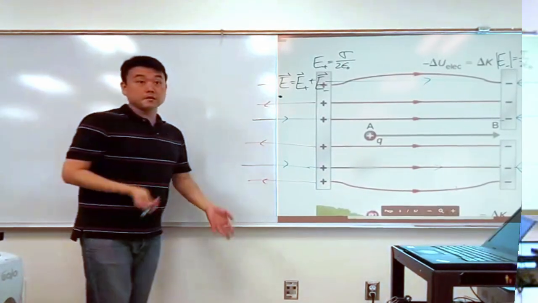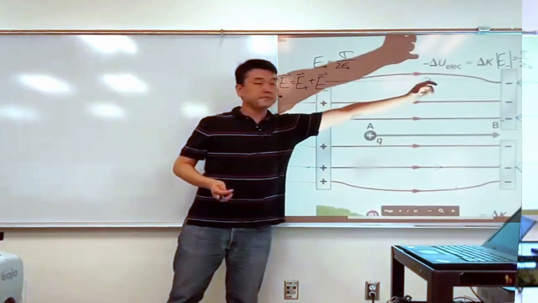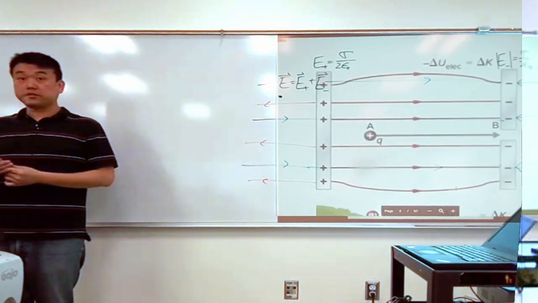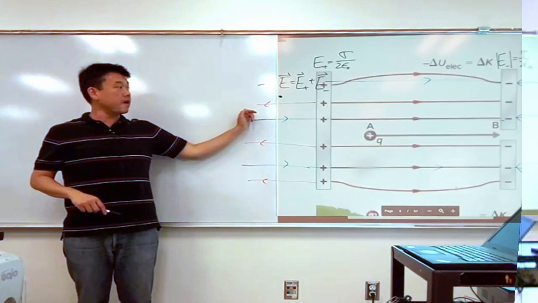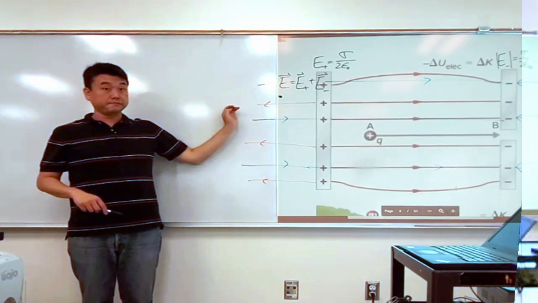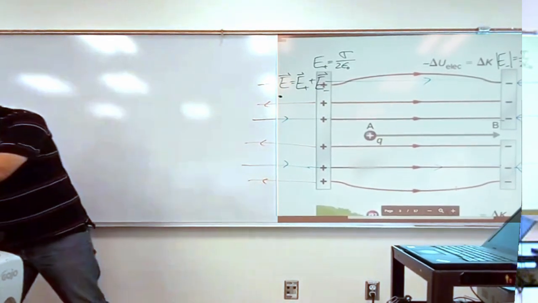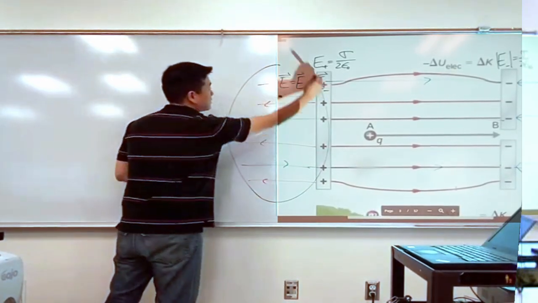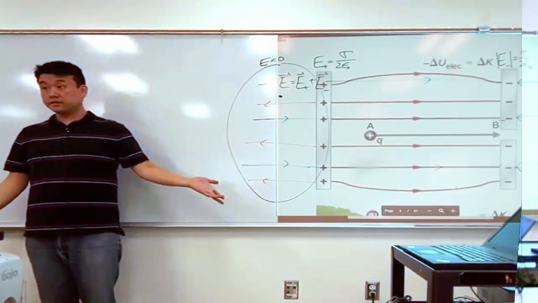So it becomes a question of, all right, at these different regions, how do their magnitudes add or subtract? On this side of the positive plate, are they subtracting from each other or adding to each other? They're in opposite directions, right? So on this side of the plate, we can say that the electric field is equal to 0 because they will just cancel each other out.